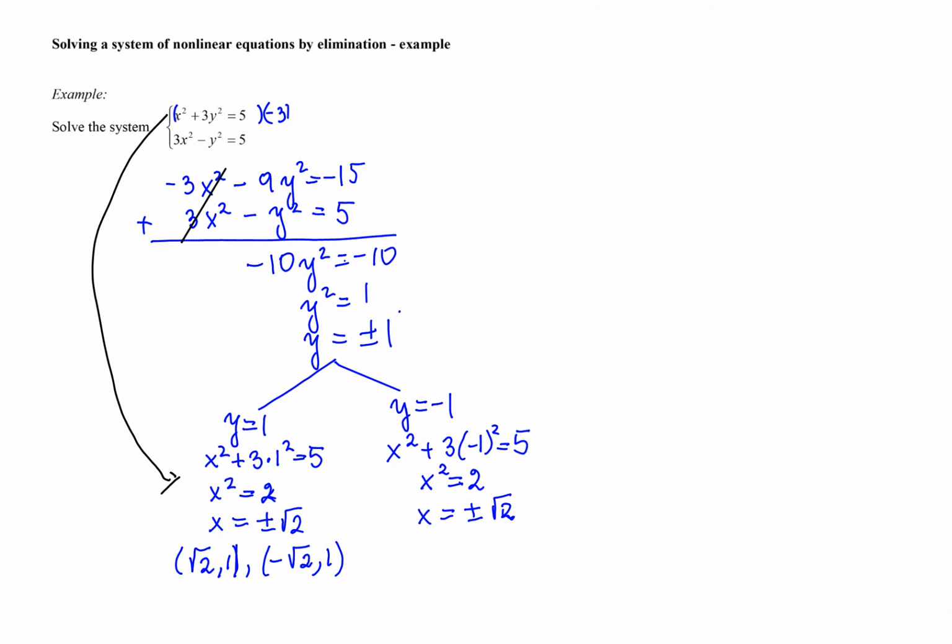And therefore the solutions that correspond to y equal -1 are square root of 2 and -1, and negative square root of 2 and -1. Therefore this system has 4 solutions.